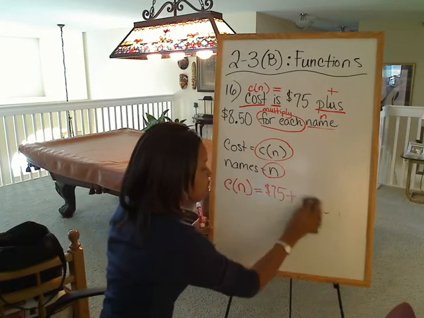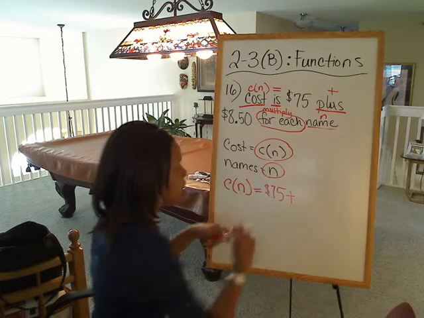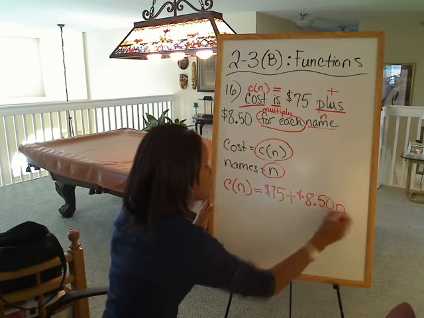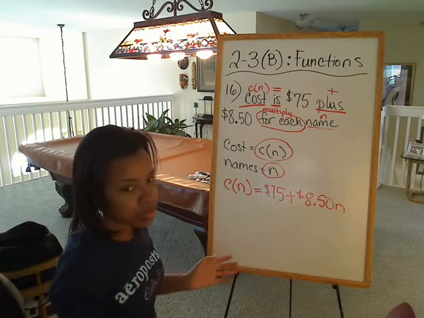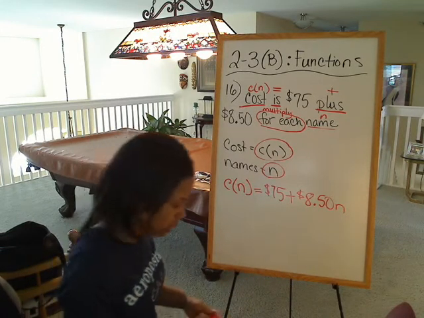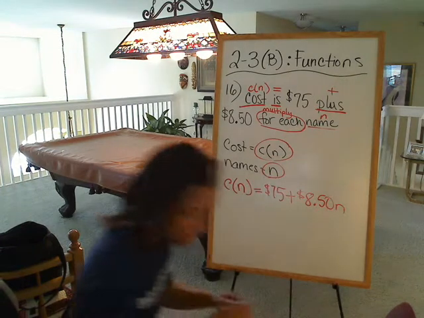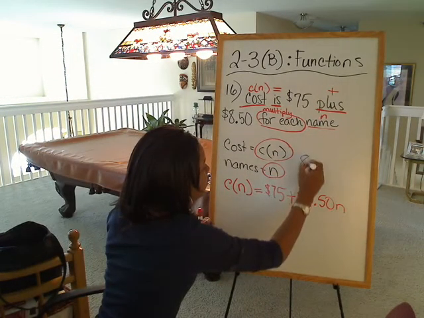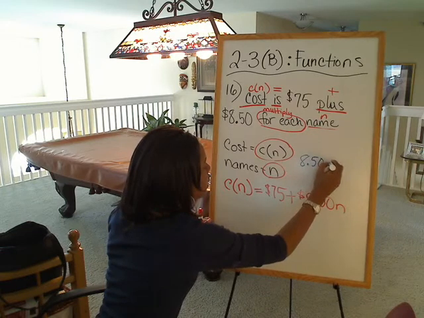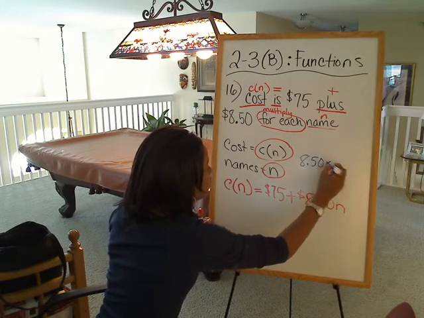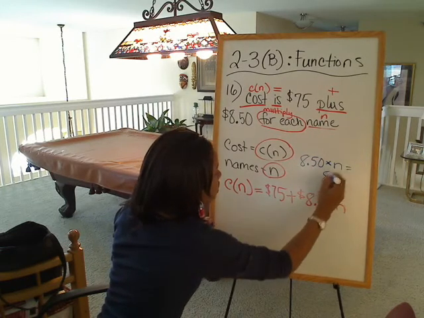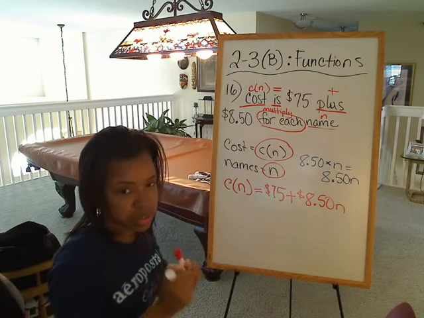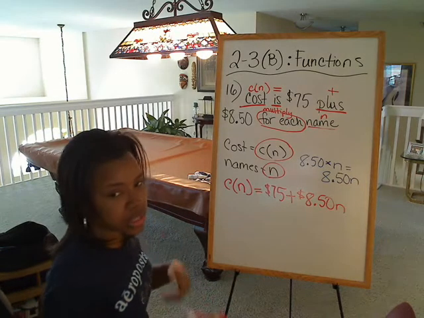So remember that when you're setting up your equations, a number and a variable next to each other automatically means multiplication. I'm going to write that off to the side because I see a lot of people do that. It's not necessary. 8.50 times n equals the same thing as 8.50n. So you don't have to write the multiplication sign.